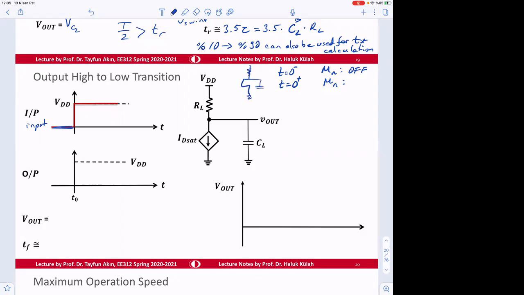So there is a capacitor here. This doesn't prevent the output to switch. So this is T0 plus time. So our input is VDD. Okay. But then the capacitor keeps that value. So initially it will be at VDD.